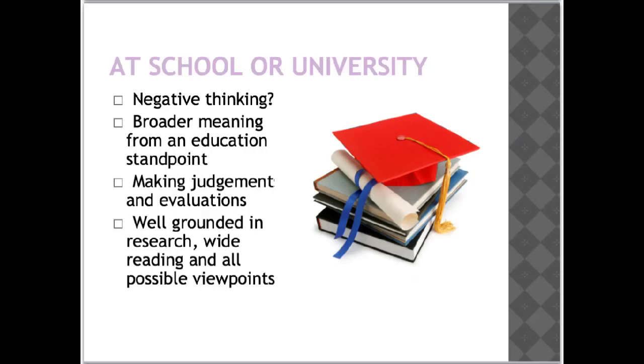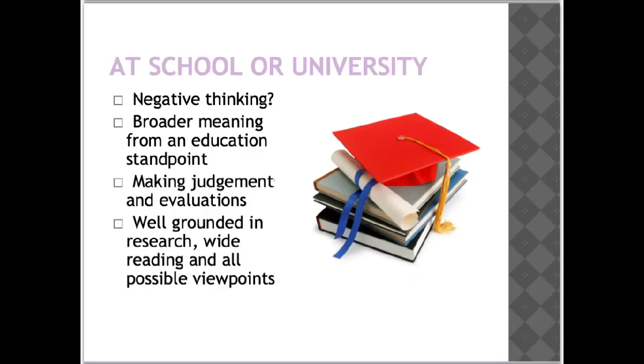While critical thinking is something we all engage in to manage our day-to-day lives, the word critical is commonly thought to have a quite negative meaning. For example, finding fault with someone or something. At university or school, however, critical has a broader meaning. Being critical involves making judgments and evaluations.